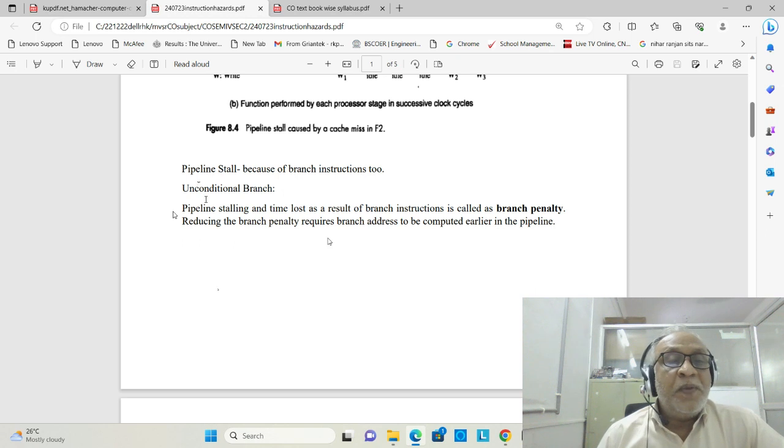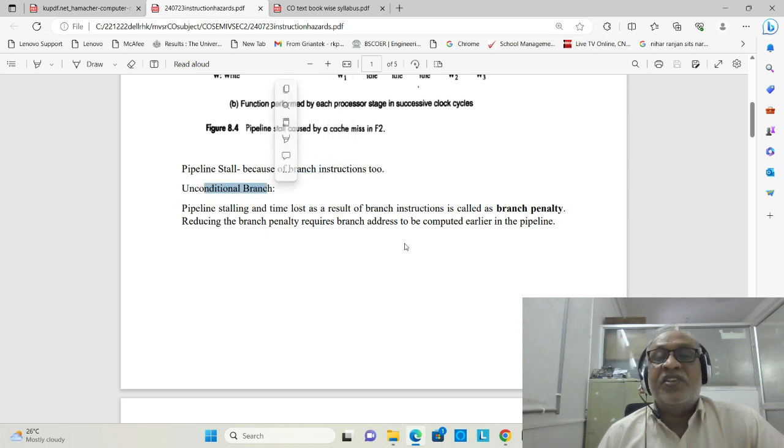Pipeline stalling is delay, and with this delay time is lost, and this loss is caused by a branch instruction, here an unconditional branch instruction. This is called the branch penalty. Now, what should the job be?